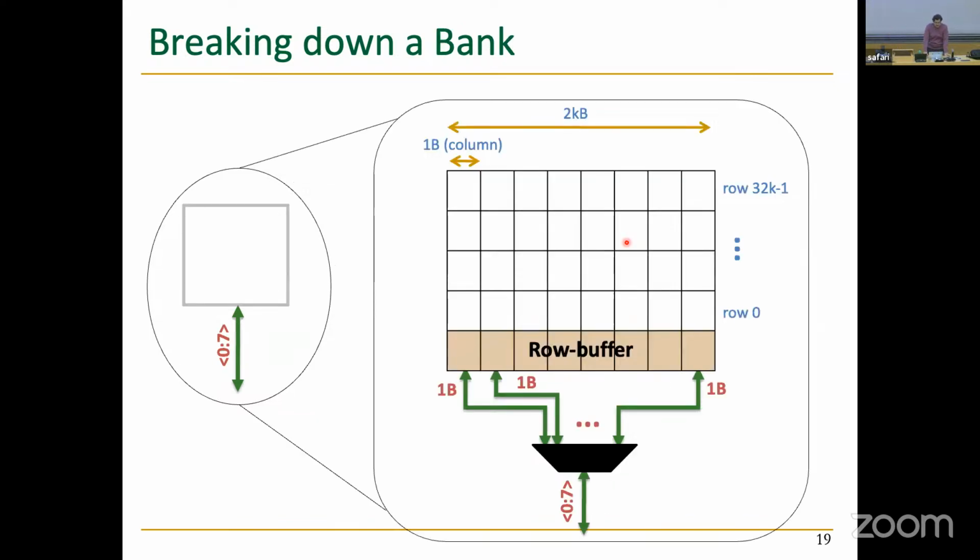So what's inside a bank? This is the two-dimensional array structure we have seen before. We have what we call columns of DRAM cells. A column is typically 1 byte, which means 8 cells make up a column. And you have multiple rows, many rows actually. In this example, you have 32,000 rows, but in one of the latest standards, DDR5, I think you can go up to 256,000 rows in one chip.